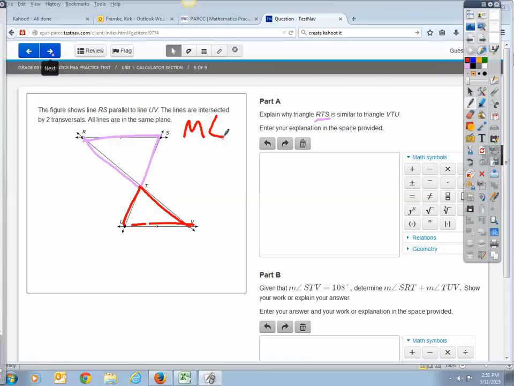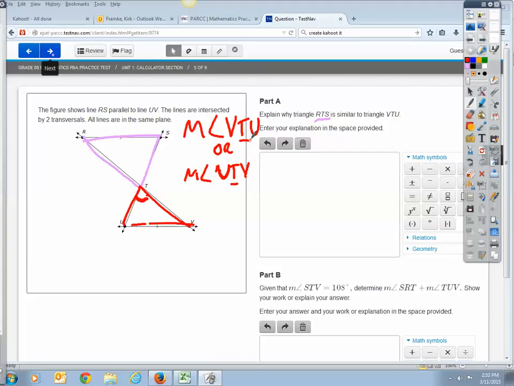Angles are always referred to in 3-letter combinations, and the middle letter is going to be the point at which both legs of your angle come together. So if I'm going to describe this angle here, I can say it is the measure of angle VTU, or I could have said the measure of angle UTV. And I can say that because the T is in the middle place.